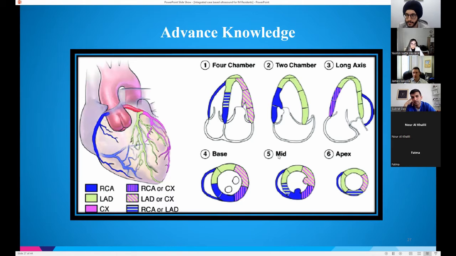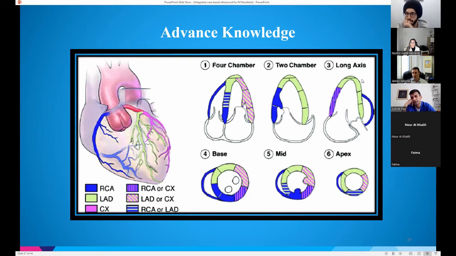So if I have my apical four-chamber, this is my anterolateral wall, apical cap, inferoseptal wall, obviously different coronary perfusion. If I then rotate counterclockwise 60 degrees from this apical 4, I get an apical 2, also known as an apical long axis, and I get my anterior and inferior views of the heart, different coronary perfusion. And then if I rotate another 45 degrees, I'll get an apical 3 chamber.